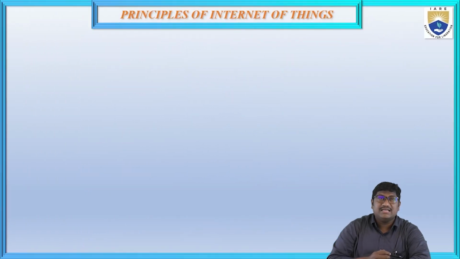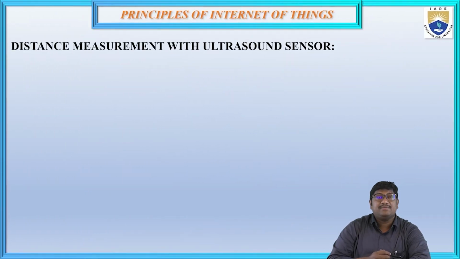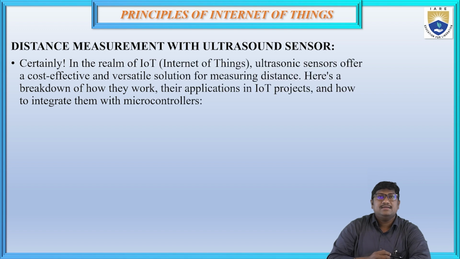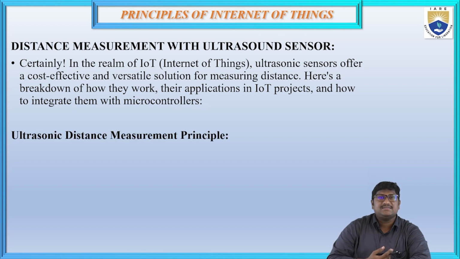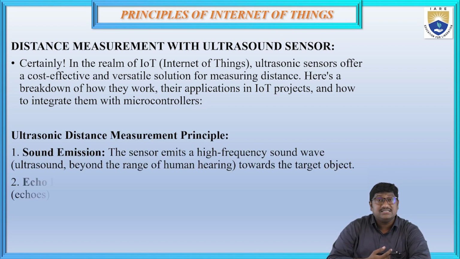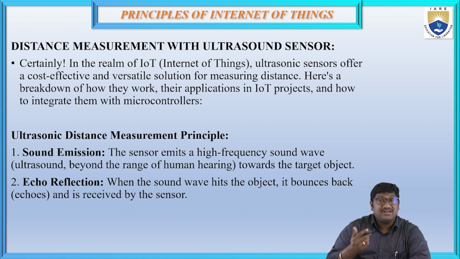And now we will move to the last one, which is distance measurement using ultrasonic sensors. Certainly, in the realm of IoT, ultrasonic sensors are a cost-effective and versatile solution for measuring distance without human interference. These sensors emit high-frequency sound waves, ultrasound beyond the human hearing range, towards the targeted object.